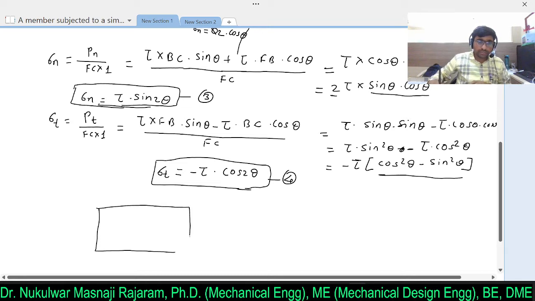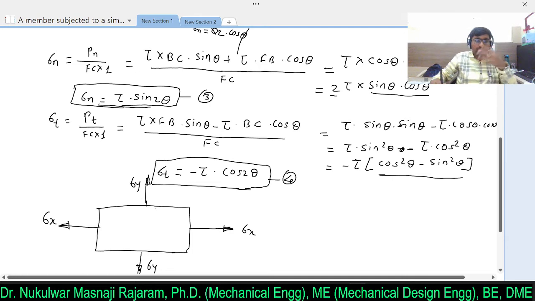Here we considered a bar having unit thickness, and we apply the stresses along x direction, that is sigma x, and along y direction, that is sigma y, two mutually perpendicular planes at a right angle, and we evaluate the normal stresses and tangential stresses acting on the plane.